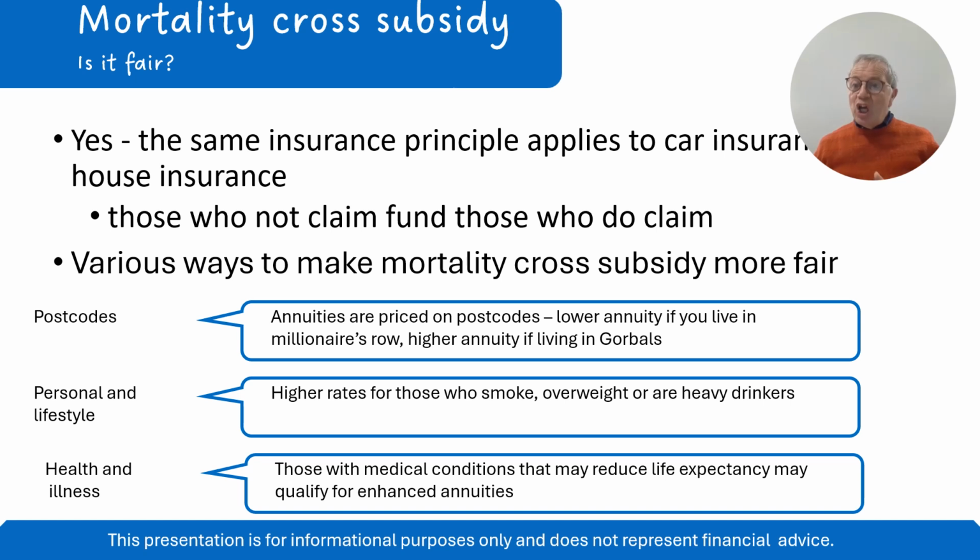First of all, annuities are based on postcodes. Actuaries think that postcode is a proxy for wealth, so those that live in Millionaires Row will get a lower annuity than those living in, say, the Gorbals in Glasgow. Nothing against Glasgow, it could equally be the East End of London or other deprived areas.